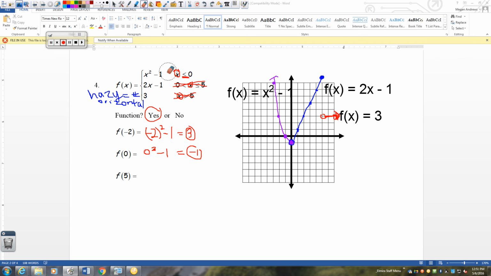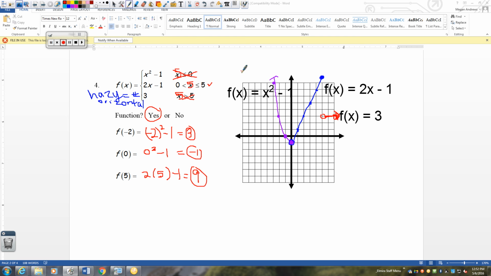And 5. So is 5 less than or equal to 0? No. Is 5 less than or equal to 5? Yes. Is 5 greater than 5? Nope. So this is where it worked. 2 times 5 minus 1 is 10 minus 1 is 9.